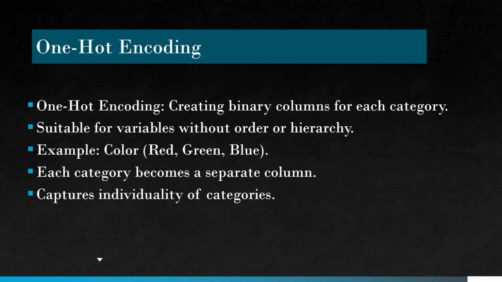Since we know that red, green, and blue have no relationship between each other, one hot encoding is used for this kind of categorical data. In this technique, each category becomes a separate column, and binary values are assigned to them based on their availability in the column. It captures the individuality of categories.